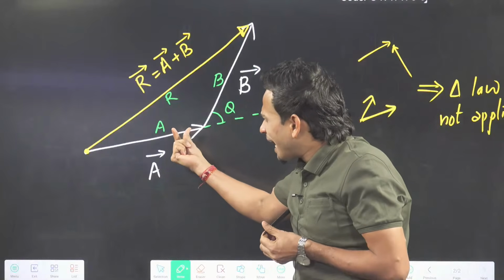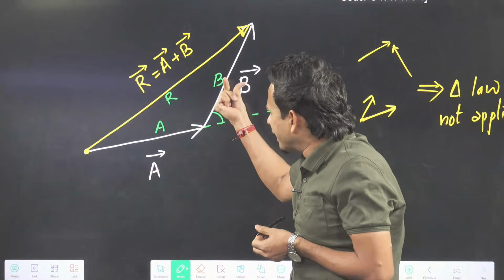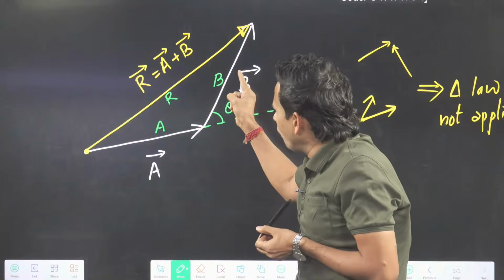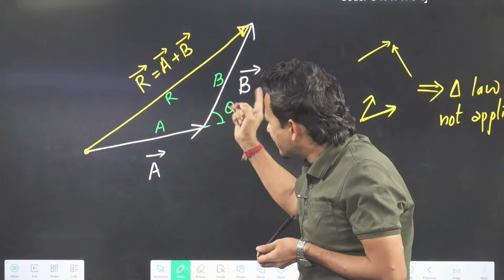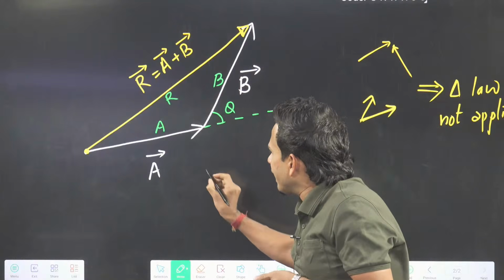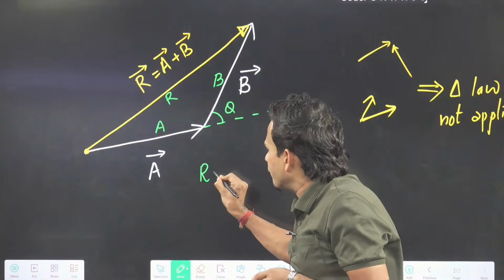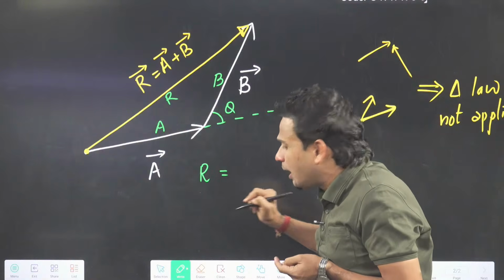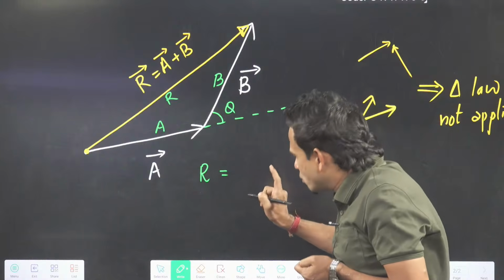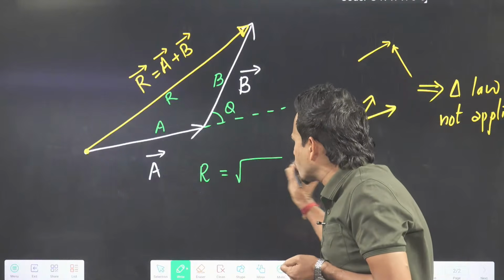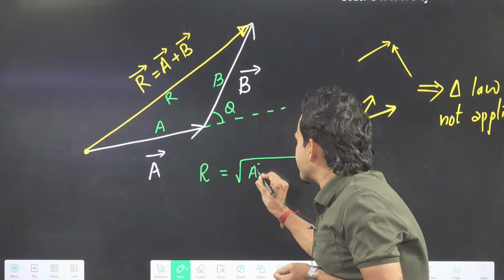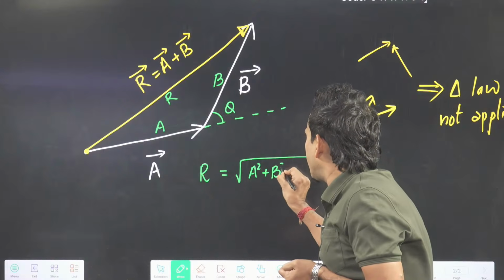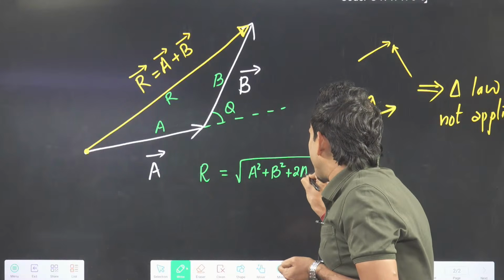So if you know magnitude of first vector, magnitude of second vector, and the angle between them, you can write the magnitude of their vector addition. That formula which you have remembered: magnitude of R bar will be under root of A square plus B square plus 2AB cos theta.